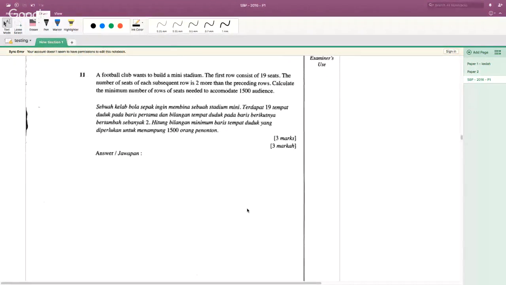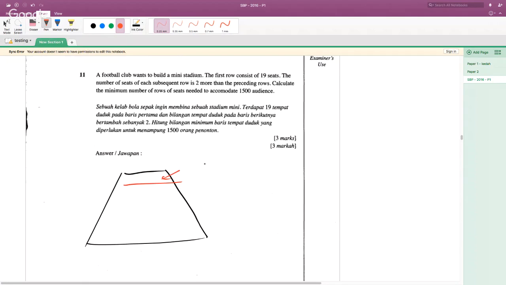Okay, this one: a football club wants to build a mini stadium. The first row consists of 19 seats, and the number of seats in each subsequent row is 2 more than the previous row. So the first row can accommodate 19 people.